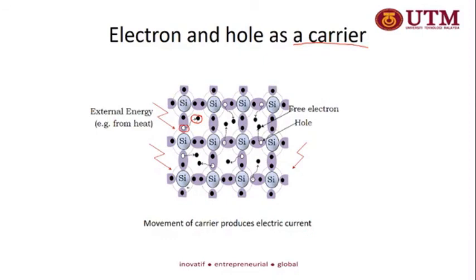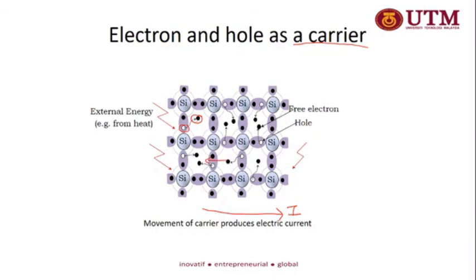So for example, if we see the material has electric current in this direction. Let's say we assume that the current is due to the movement of free electrons. Because the electron is negative, the current is due to the movement of electrons in this direction.